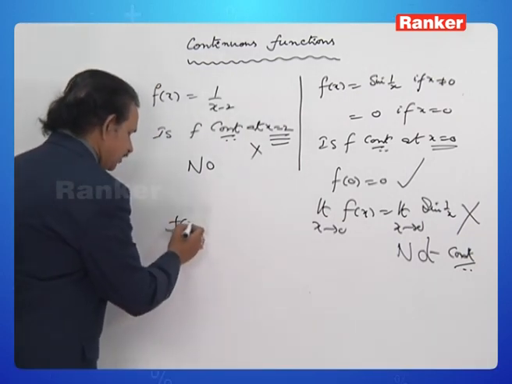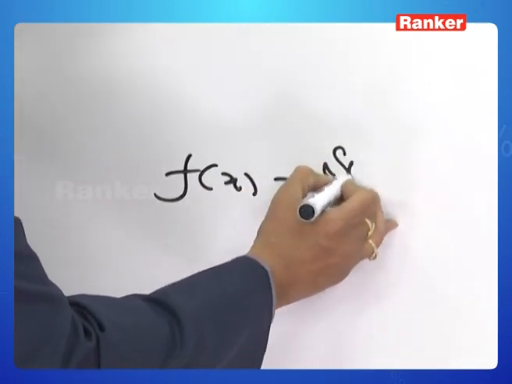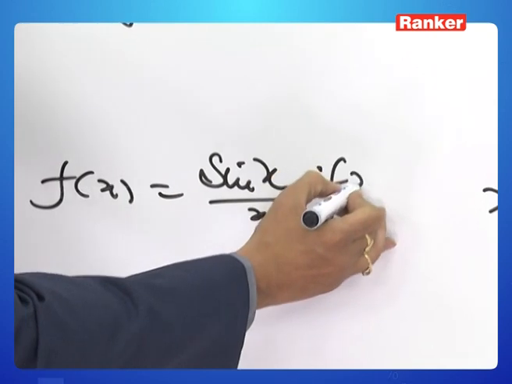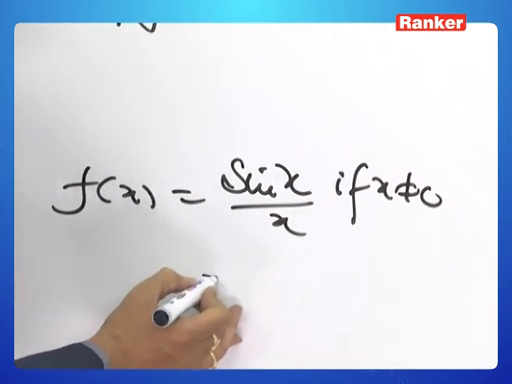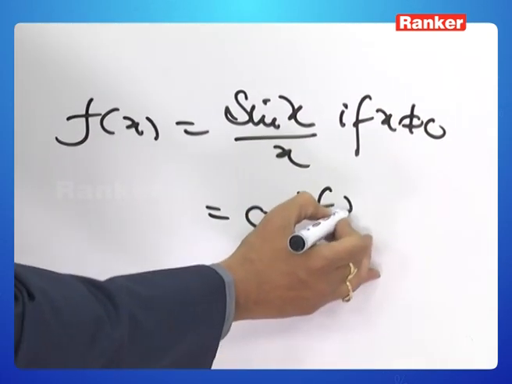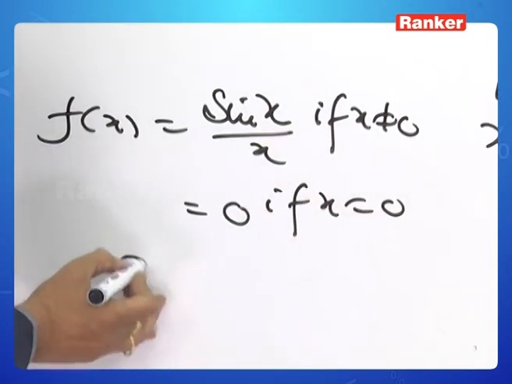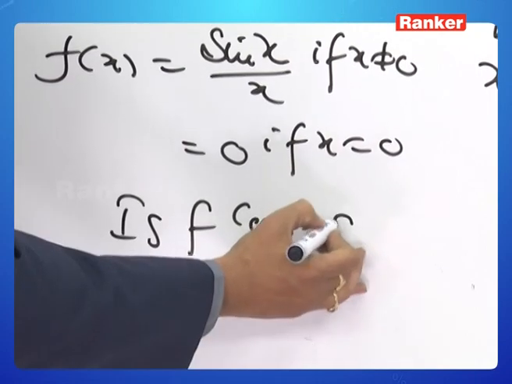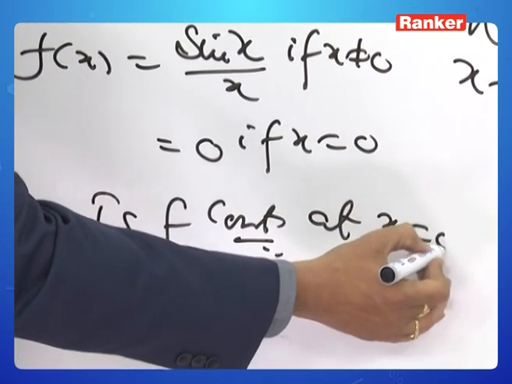f of x is equal to sine x by x if x is not equal to 0, and 0 if x is equal to 0. Is f continuous at x equal to 0?